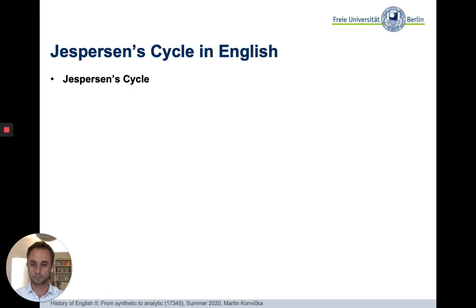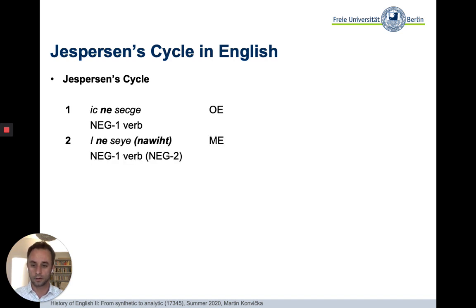Okay. So if we look at how this looks in English, we see the first stage in Old English. We're already familiar with that. Ich ne seye, I don't say, right? So the negator is before the verb, a preverbal negator in Old English. Later on, you get something like I ne seye not.